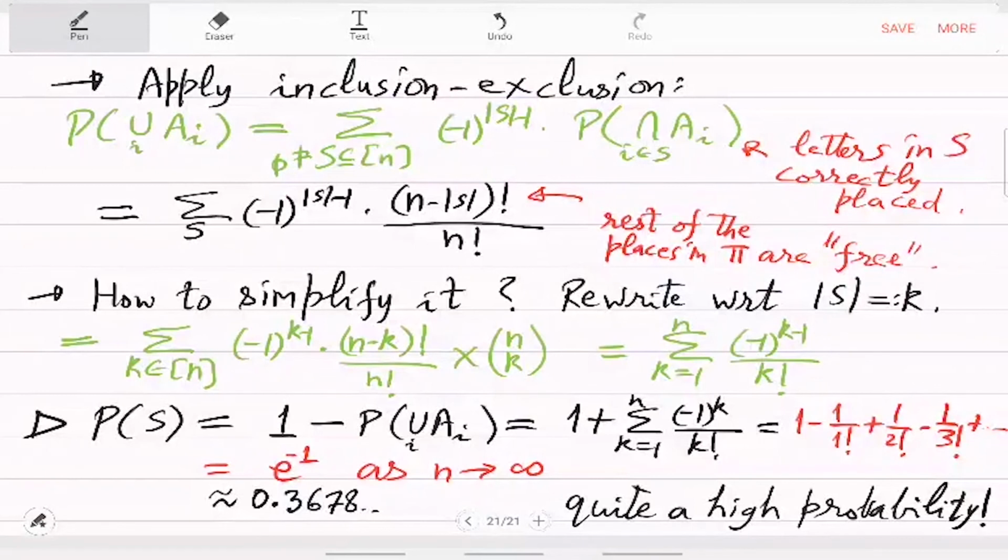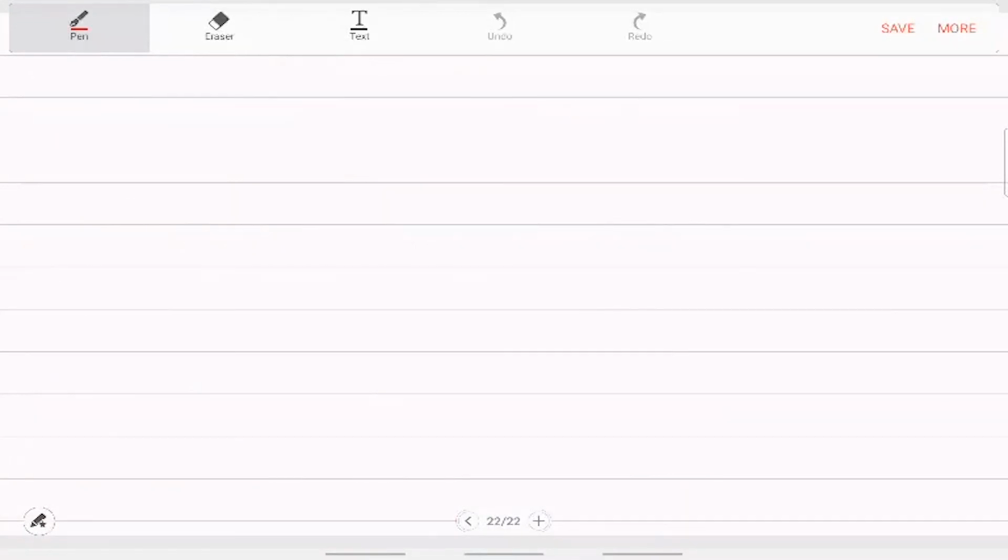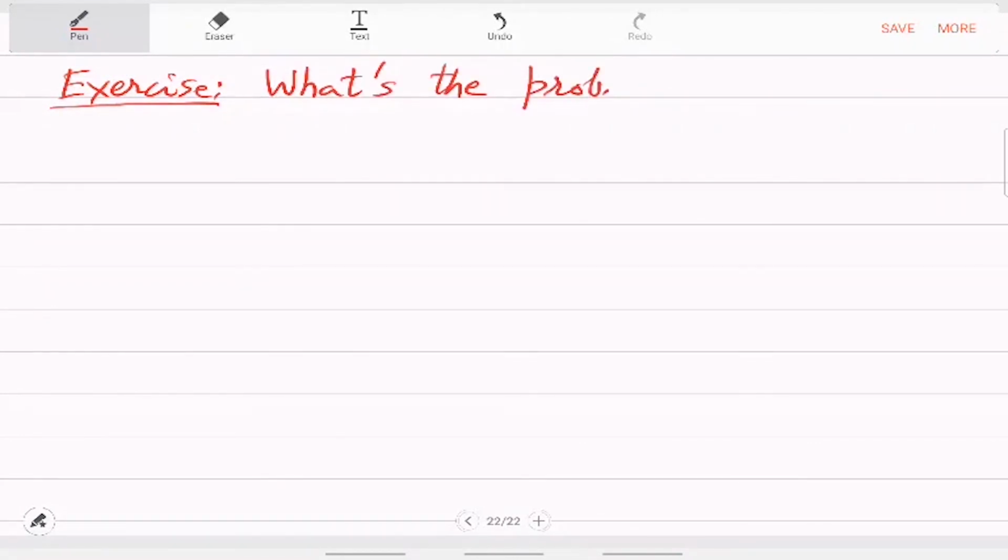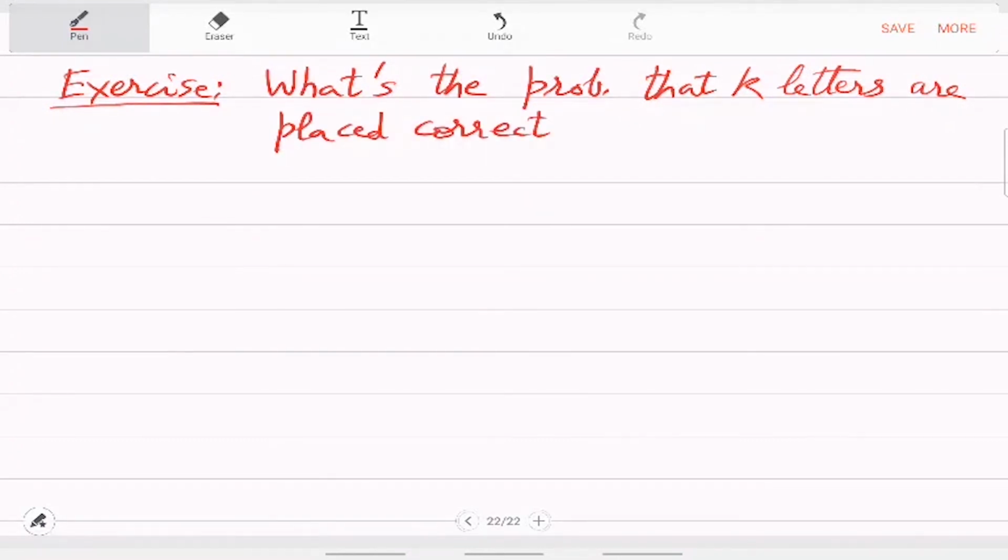And I'll end with this exercise for you. Repeat this calculation. What's the probability that k letters are placed correctly, and the rest not?